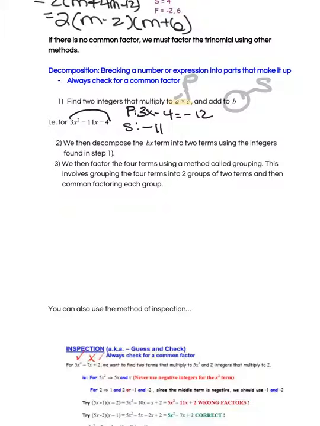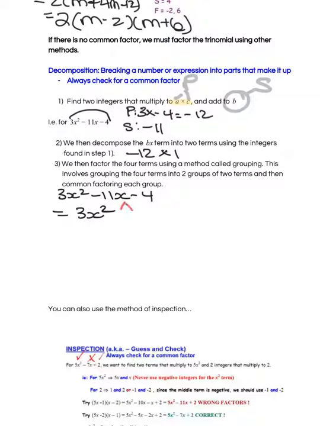Now we're going to factor using what we're going to call grouping. So I know that this is going to be negative 12 times 1. That, when I multiply those together, gives me negative 12. And when I add them together, that gives me negative 11. So what you're going to do, we have 3x squared minus 11x minus 4. What we're going to do is our decomposition method. So you're going to put your 3x squared. That's going to stay the same.